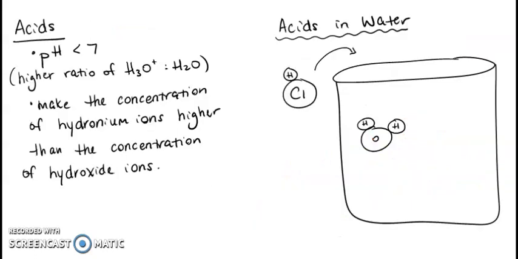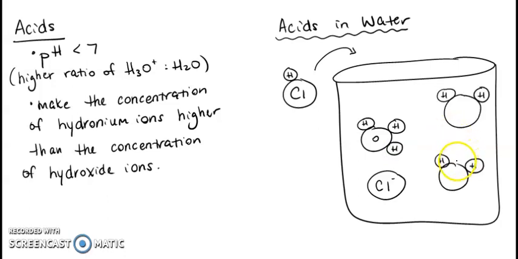Let's look at acids in water. Let's say we're going to put this HCl, or hydrochloric acid, into this water. HCl is going to dissociate or break into its ions, and that hydrogen ion is going to link up with water to form hydronium.